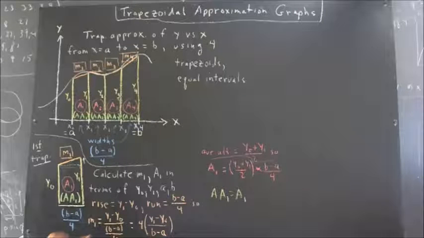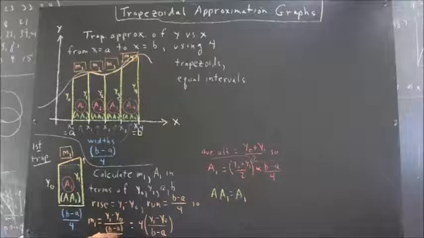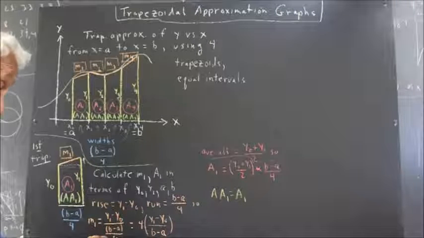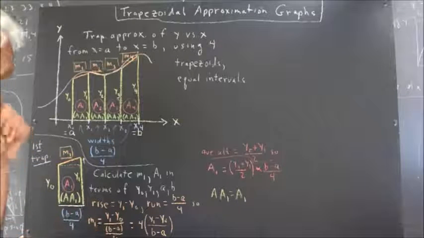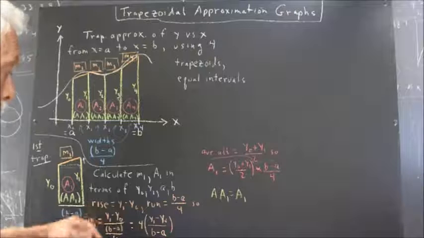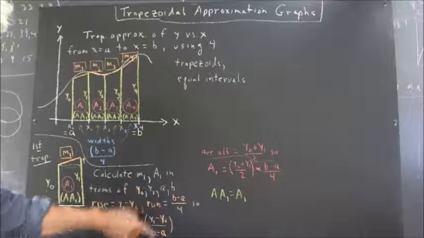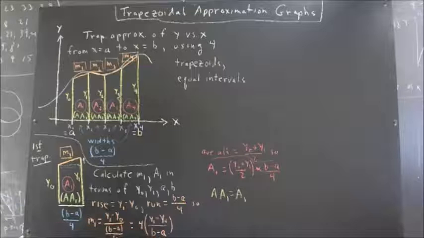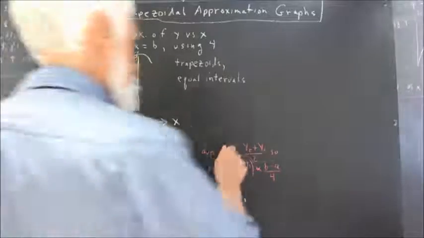So the slope is rise divided by run: y1 minus y0 divided by the quantity b minus a divided by 4. And with this complex fraction, we invert the denominator. It's this times 4 over b minus a, which gives us 4 times y1 minus y0 over the quantity b minus a.